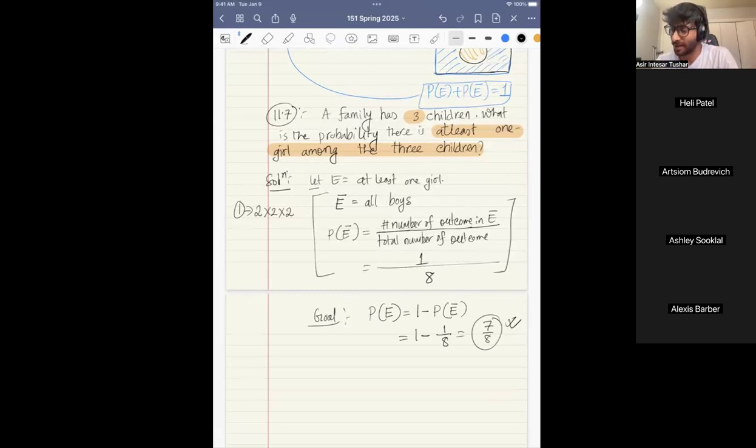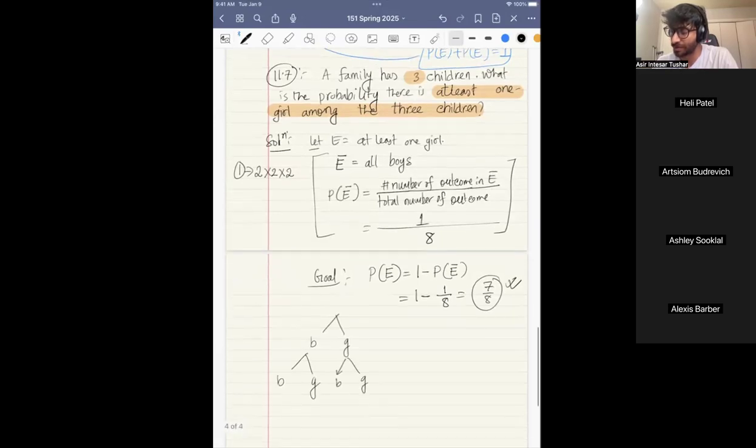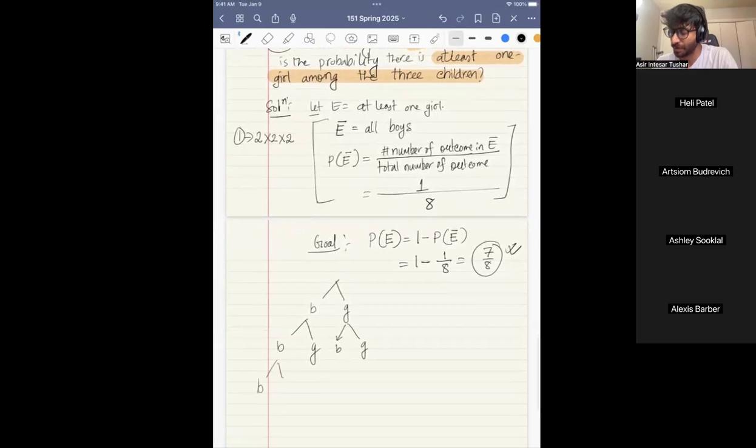Okay. I'm still going to show you guys what I mean. If I wanted to draw a tree diagram of the children, it should be like this: boy, girl, and as they have 3 of them: boy, girl, boy, girl, boy, girl, boy, girl, boy, girl. And as you can see, 1, 2, 3, 4, 5, 6, 7, 8.